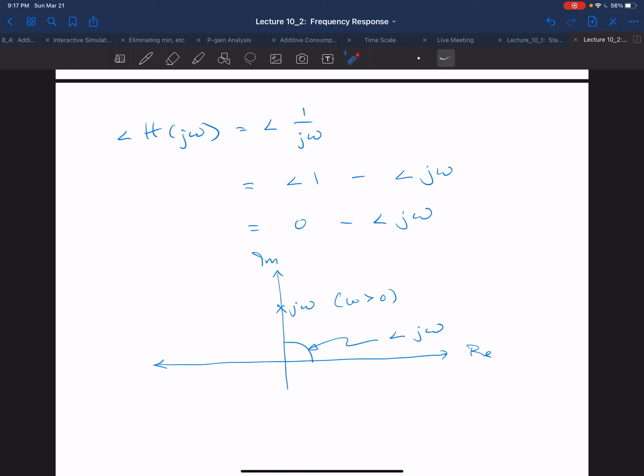We're interested in the negative of that angle. So our phase plot for this simple example of the integrator is going to be a very simple one. It's just a horizontal line. The phase, the angle of H of j omega, will always be minus 90 degrees.